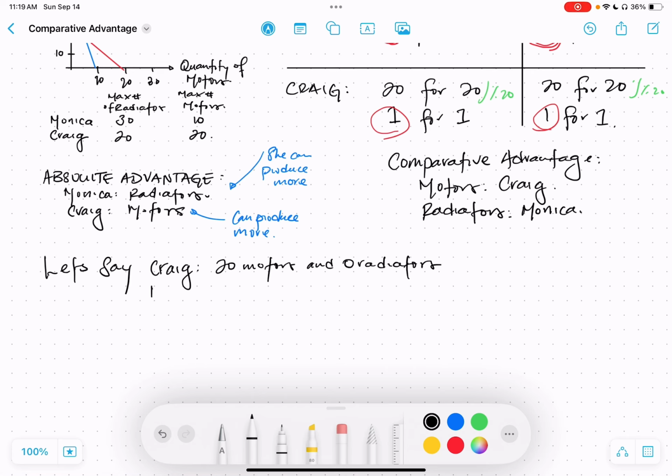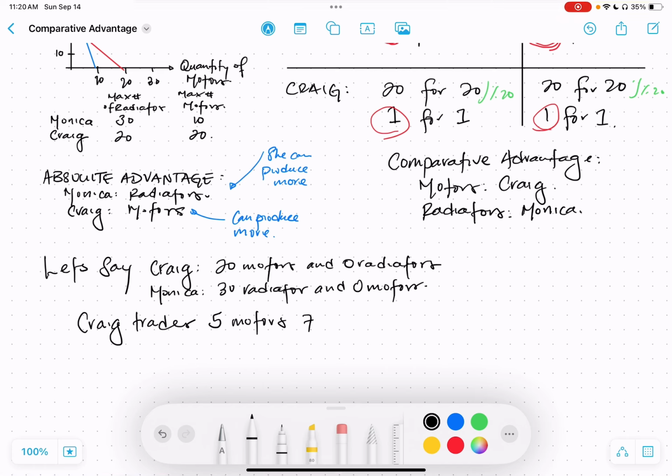And on the flip side, Monica produces 30 radiators and 0 motors. And Craig trades 5 motors or 7 radiators.